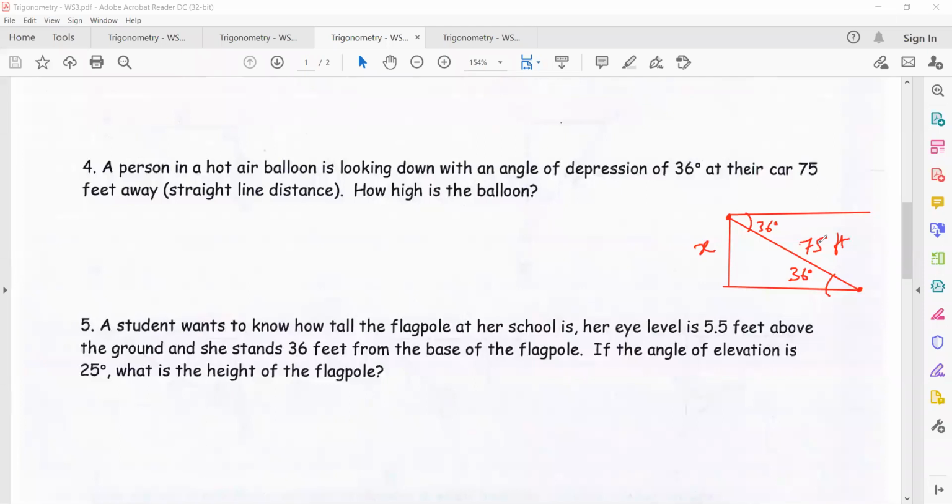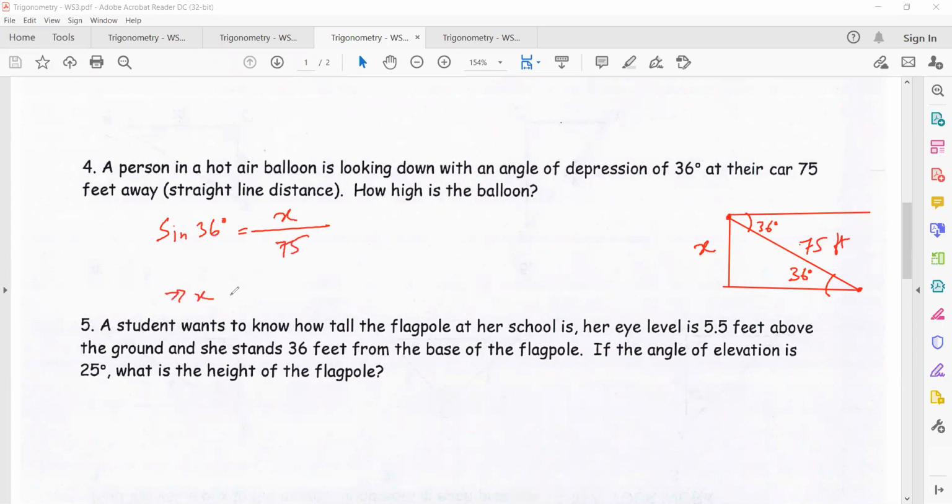Now which ratio will I use? Sine. Yeah, sine. So sine 36 degrees equals x on 75.